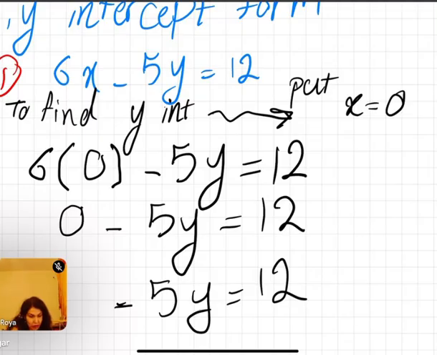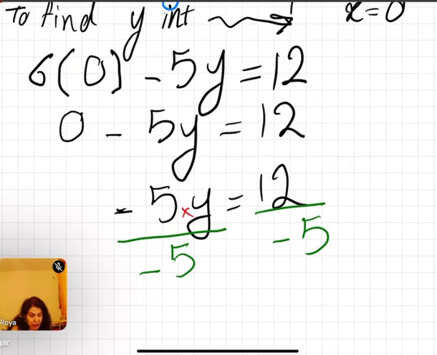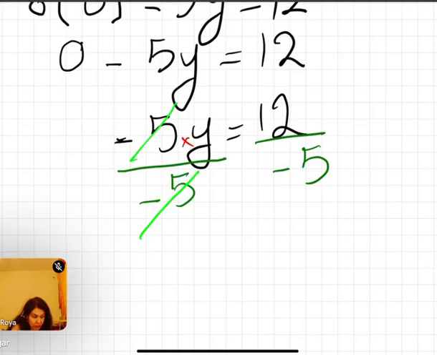If you want to find y, only y, you need to divide both sides by negative 5. Because we have multiplication here, you have to divide. If you divide, the negative 5 cancel out, and then you will have y equal to 12 divided by negative 5.